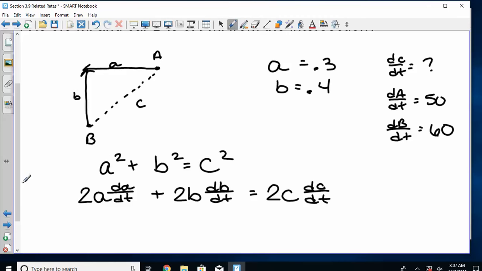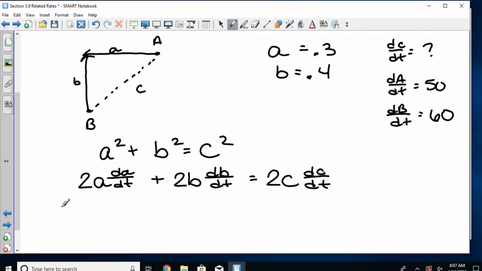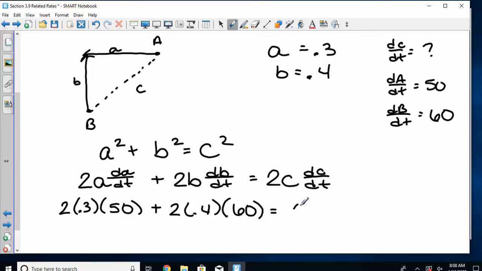Alright, so now if we start plugging in, we have 2, A is 0.3, dA/dt is 50, plus 2, B is 0.4, dB/dt is 60, equals 2.